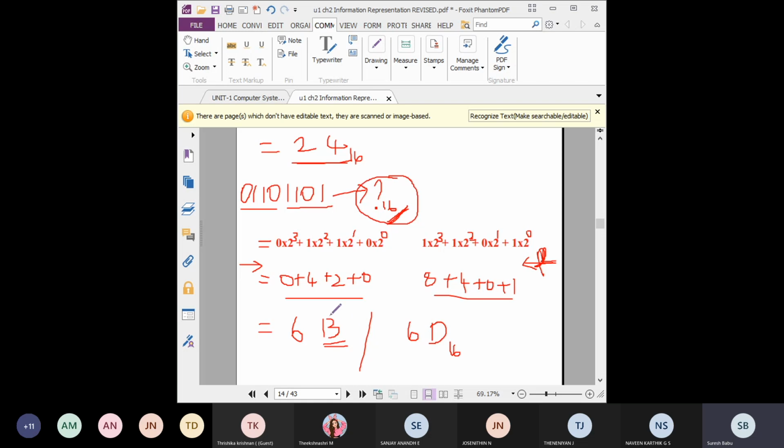In hexadecimal there is no 13, so you should give the equivalent value for 13, that is D. Understood by everyone? Always remember, in hexadecimal you should use only 16 symbols, that is 0 to 9, then A to F. Students, everyone understood?